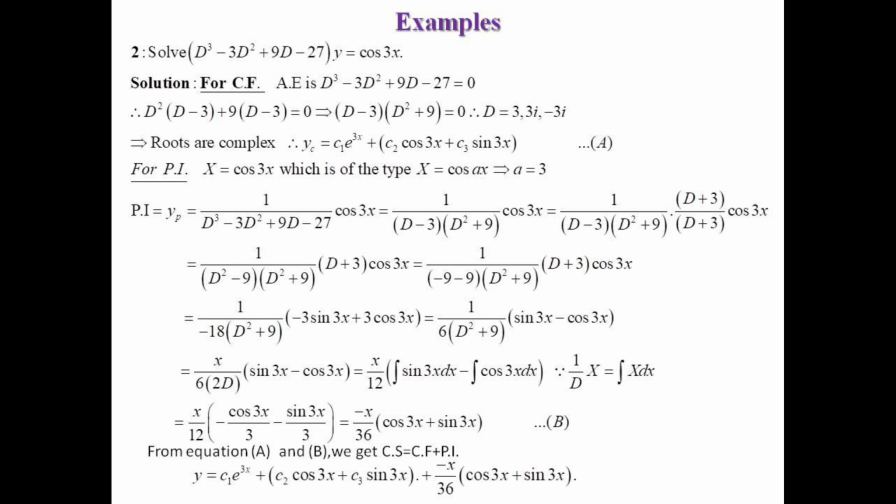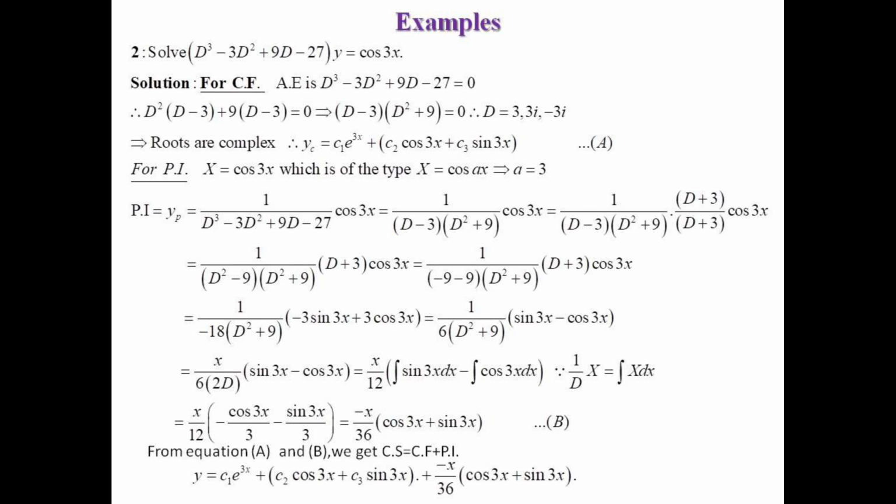We keep the term 1 upon D square plus 9 as it is, because if in this term we replace D square by minus a square, then we get 0. To avoid 0 in the denominator, we keep that term as it is. Now once again, if we simplify the numerator and denominator, we get 1 upon 6 into (D square plus 9), and in brackets sin of 3x minus cos of 3x.